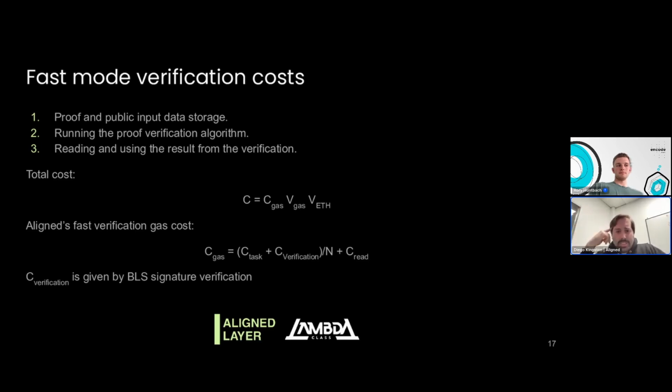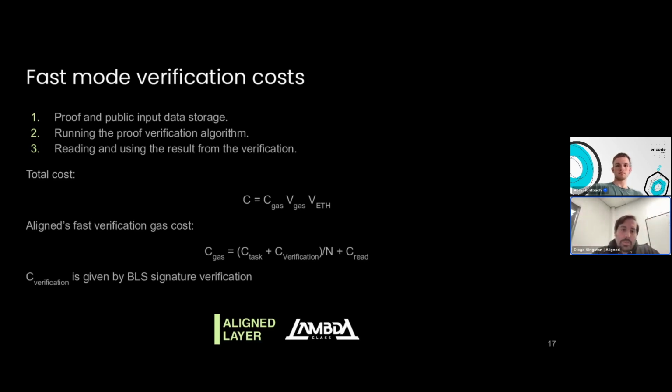So sometimes some people focus too much on running the proof verification algorithm that they forget about the other two costs. And the thing is, you can very easily reduce the verification cost by bundling several proofs into one, but then you also need to make it efficient to send all the information you need for the proof and also to use the result.